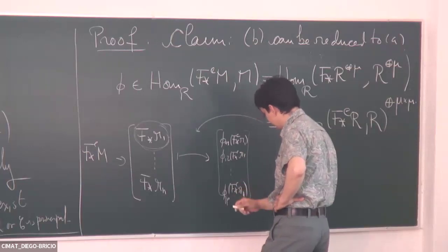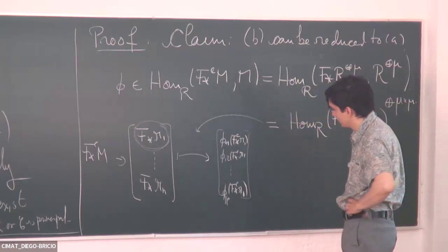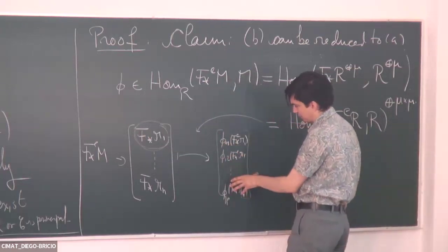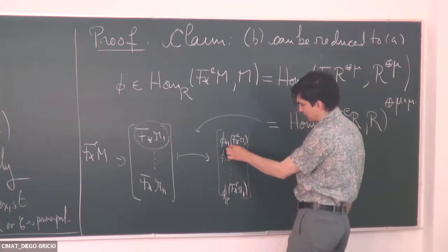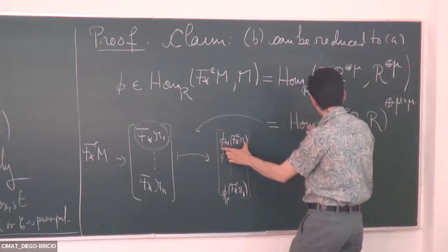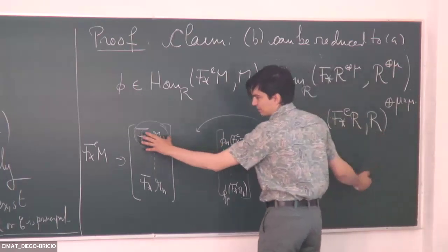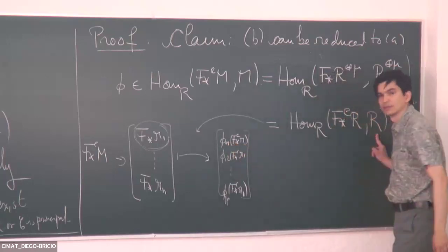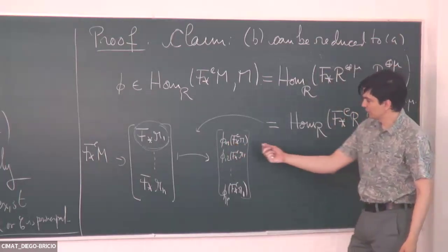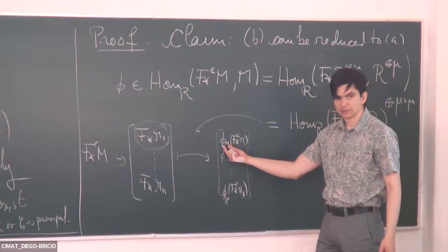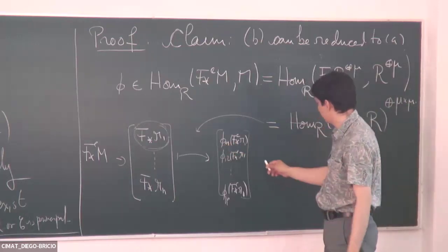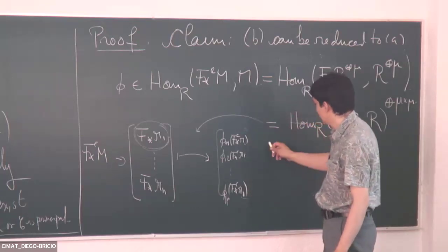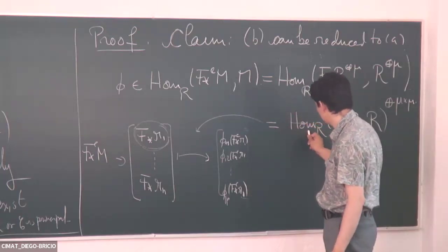So I take this one and I send it to something that has to be a vector, and every single entry is going to look like this. It's going to be a map from here to here. I'm sending something that looks like this, and the entry is in R. So it's given by a map like this. And then you continue like this, to the point that you happen to generate a matrix.